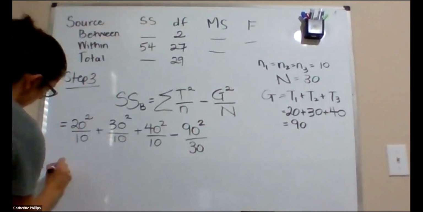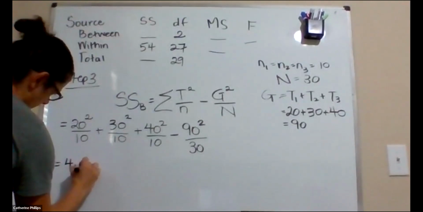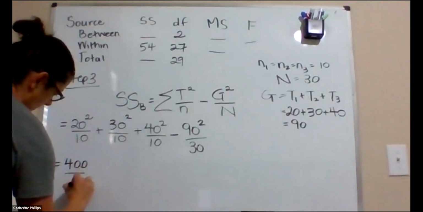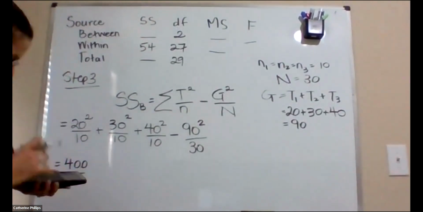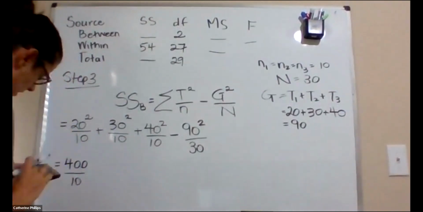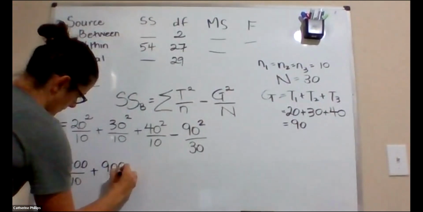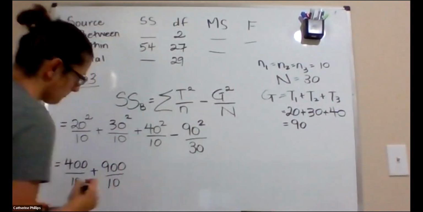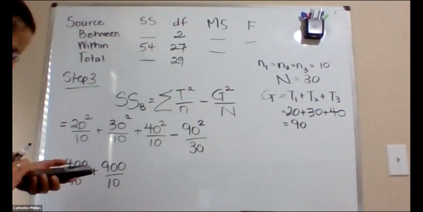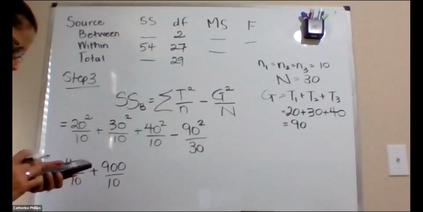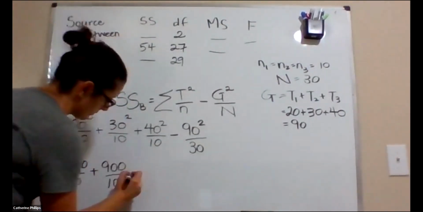Okay, so now 20 squared is 400 divided by 10. 30 squared is 900 divided by 10. 40 squared is 1600, see, I'm glad I double checked.